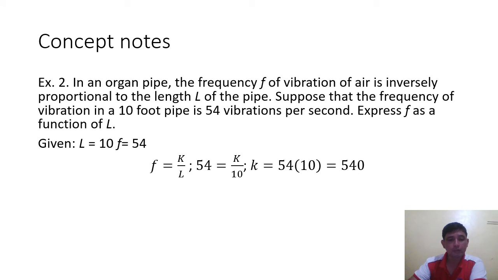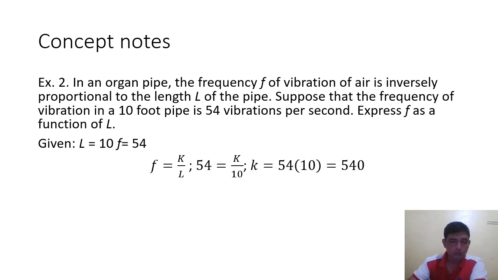Given that the vibration is inversely proportional, F equals K over L. F is the frequency, L is the length, and K is the constant of proportionality. We need to get the value of this constant to create a new function.